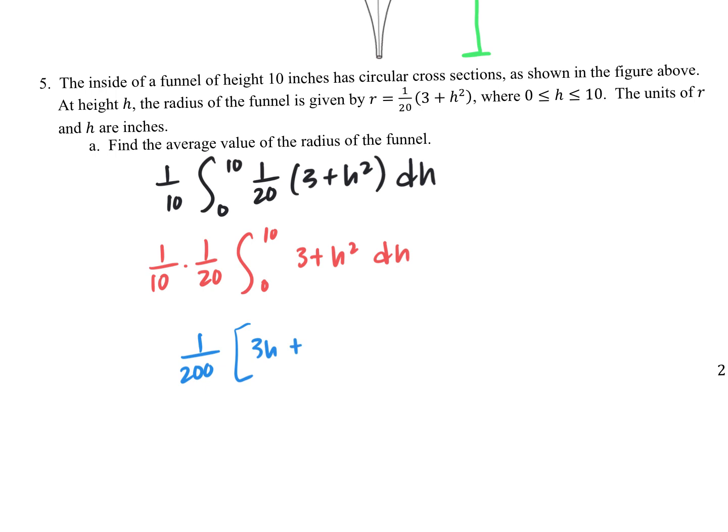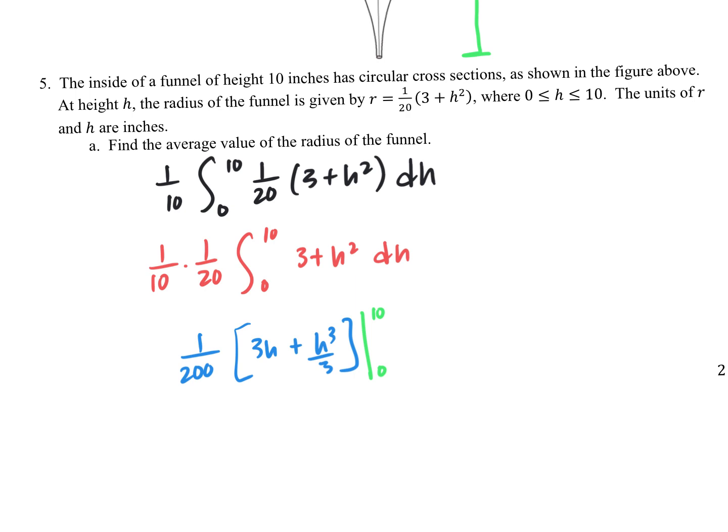Antiderivative of h squared. Thanks, Sam. From 0 to 10. That was a huge lifesaver. So because we could have done this, my antiderivative would have been 3h, anyway, over 20.